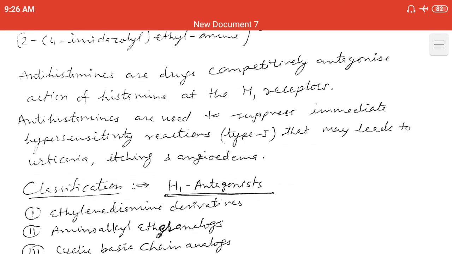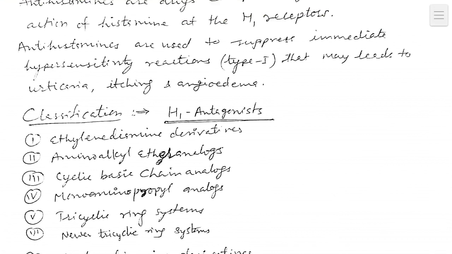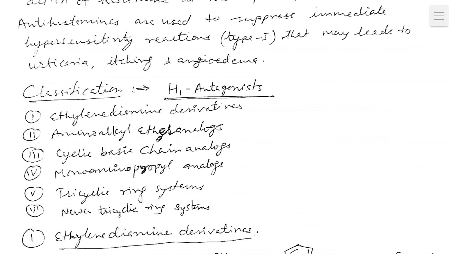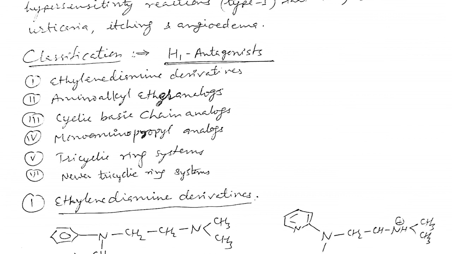In these H1 antagonists, we have discussed ethylenediamine derivatives, aminoalkyl ether analogues, cyclic basic chain analogues, and monoaminopropyl analogues. So the two classes of H1 antagonists that are left, the tricyclic ring system and the monotricyclic ring system, we will discuss in the next coming class and next coming video.